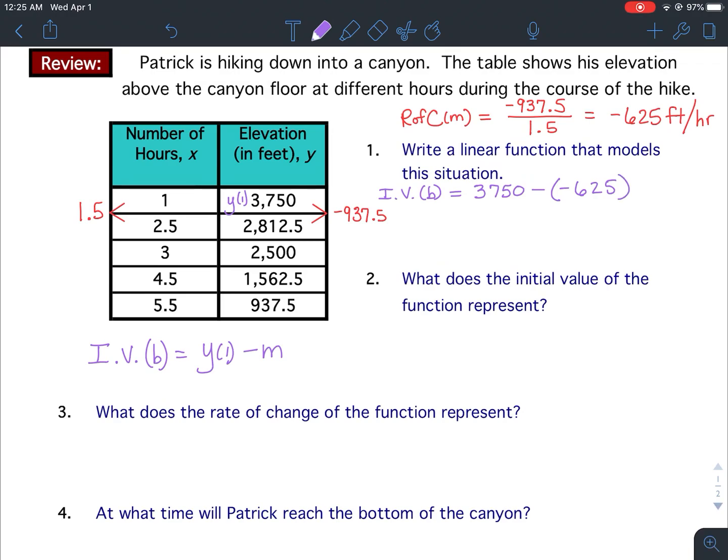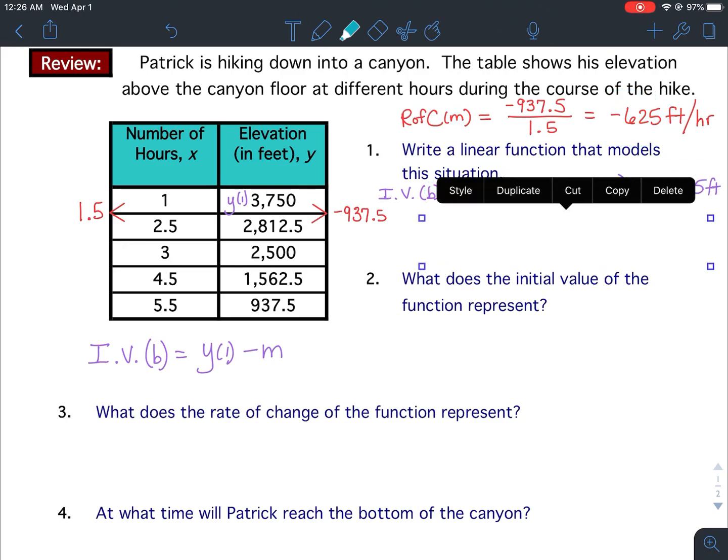Because in the end, minus a negative means we're going to end up adding, and when you add those two numbers together, you should get 4,375 feet. Okay, so now take your negative 625 for your slope, take your 4,375 for your y-intercept, and write your equation.